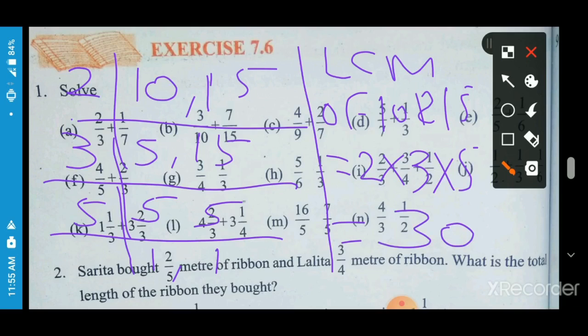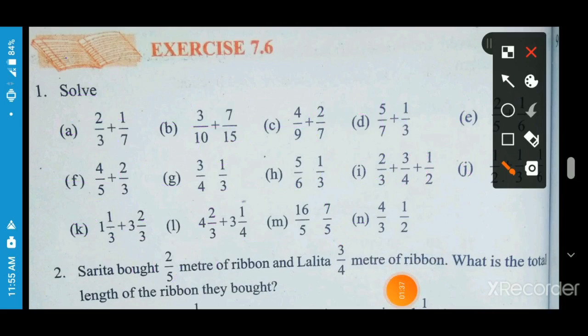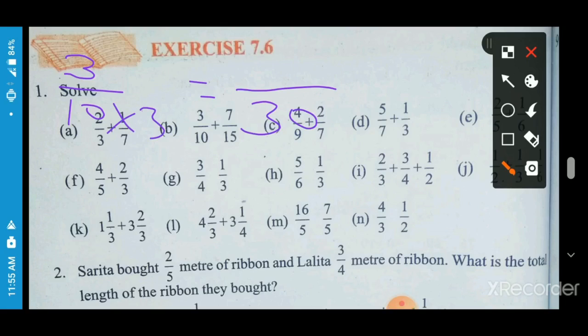Now the first fraction is 3 by 10 and we need 30 in the denominator, so we multiply 10 by 3, 10 3s are 30, and with the same number we multiply the numerator 3, so 3 3s are 9.